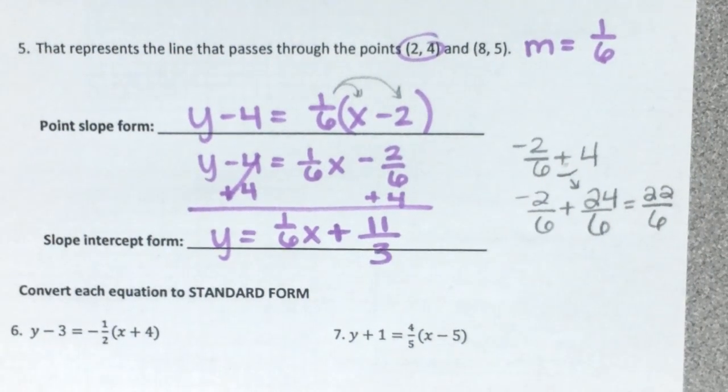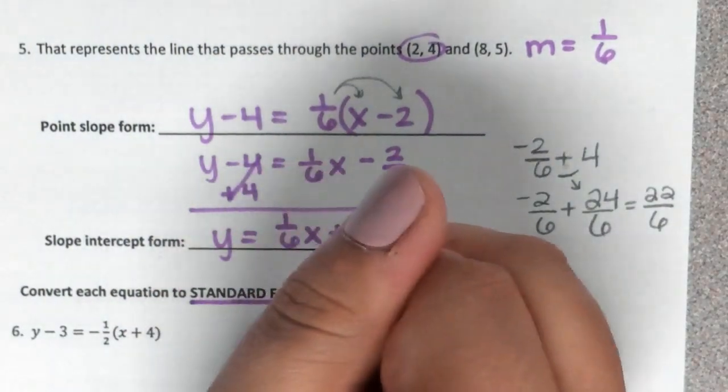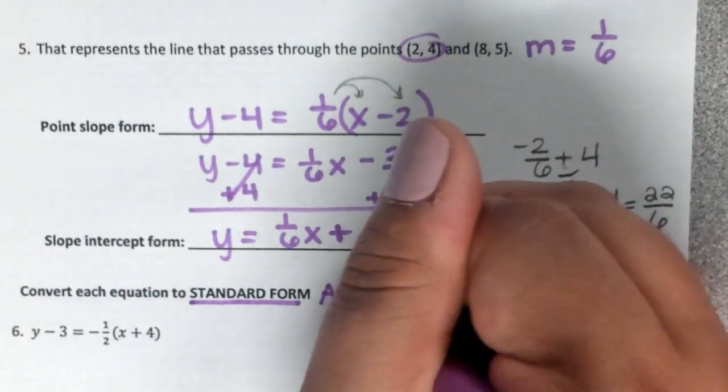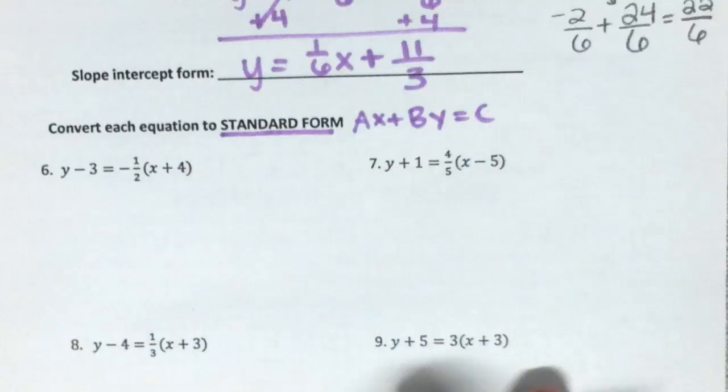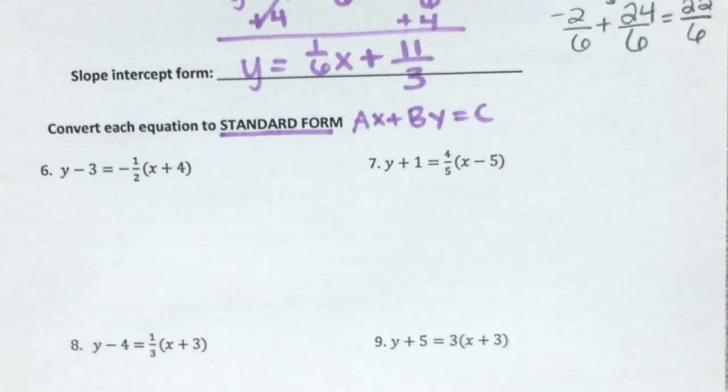All right, boys, I'm going to do one last one with y'all. Number 7. What are the instructions on number 7? Convert to standard form. What's standard form? AX plus BY. So this is just like the example we did on number 8 and 9.